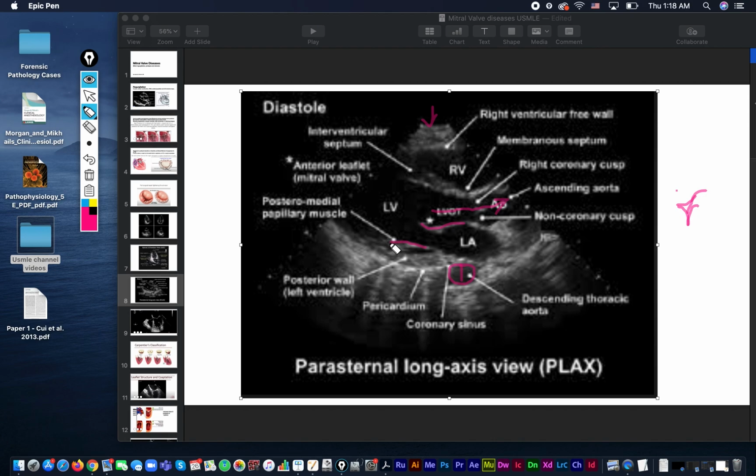So this here, you see posterior medial papillary muscles. So the papillary muscle, posterior medial, yeah, that makes perfect sense.